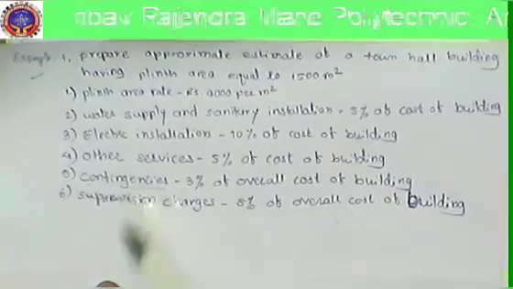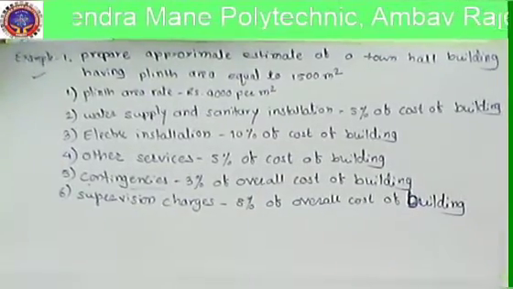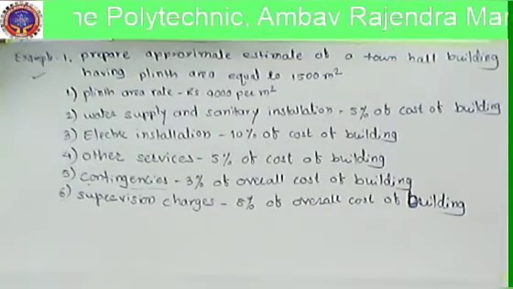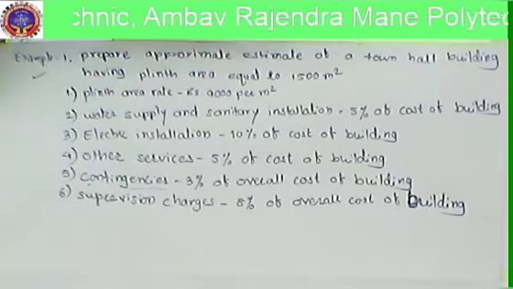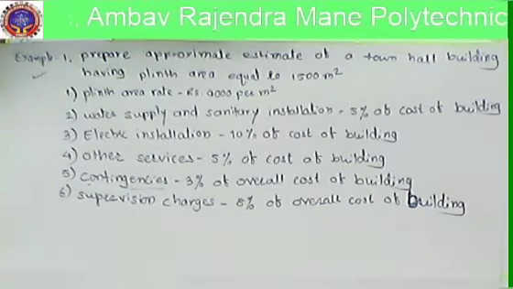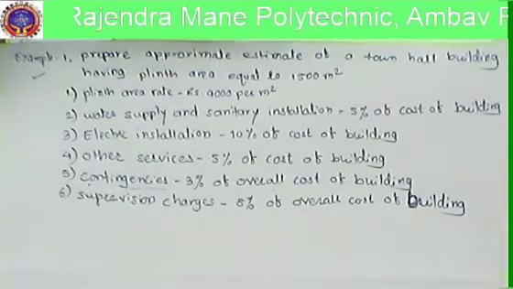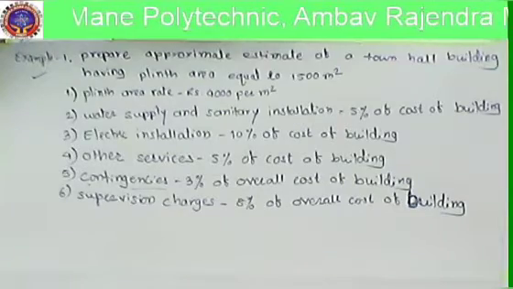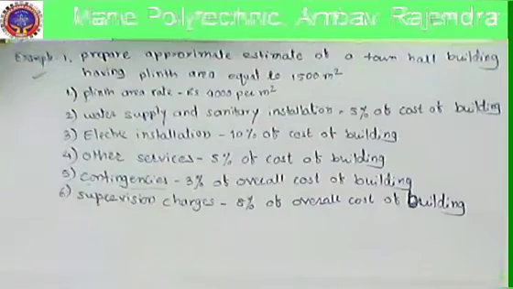Contingencies means any unavoidable situation or fund required for emergency purposes. It is not expected, we cannot predict whether it may happen or may not happen. For this purpose, some fund is kept during the estimate of the project.